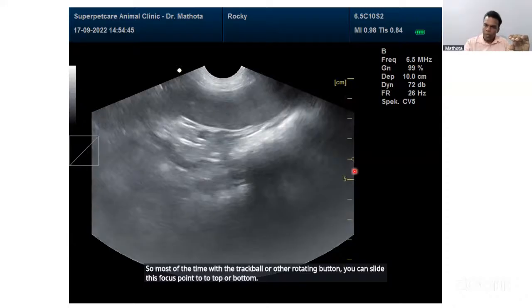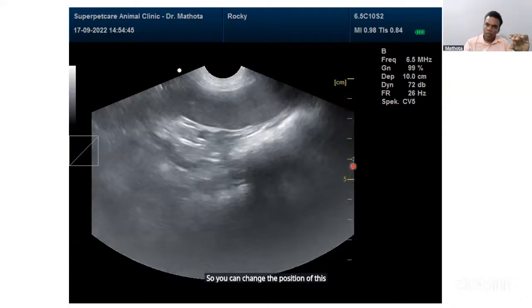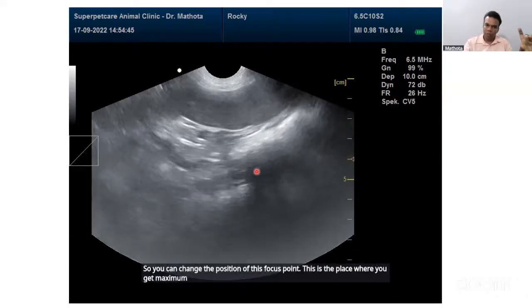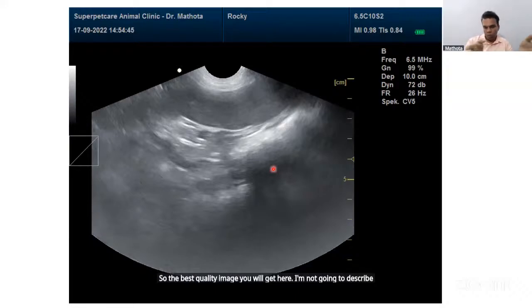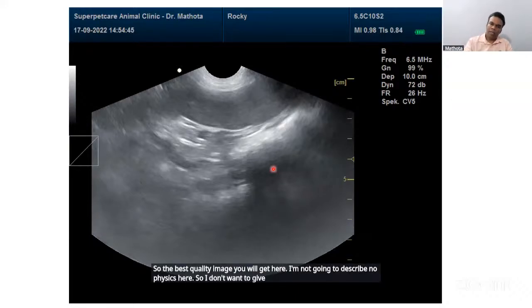So you can change the position of this focus point. This is the place where you get maximum lateral resolution, so the best quality image you will get here. I'm not going to describe more physics here, so I don't want to get into what lateral resolution is.